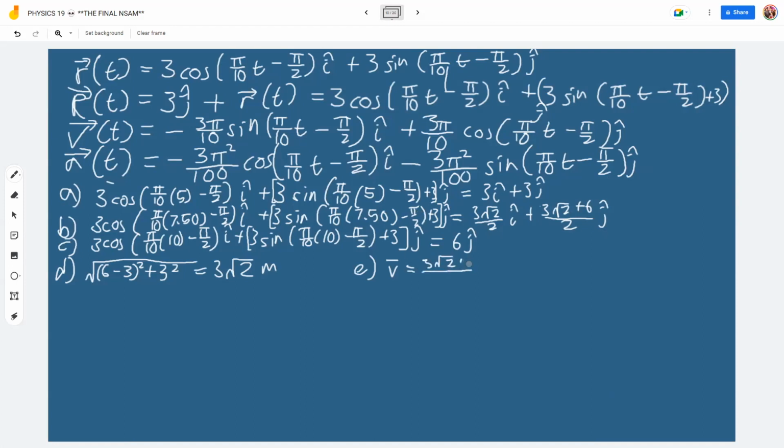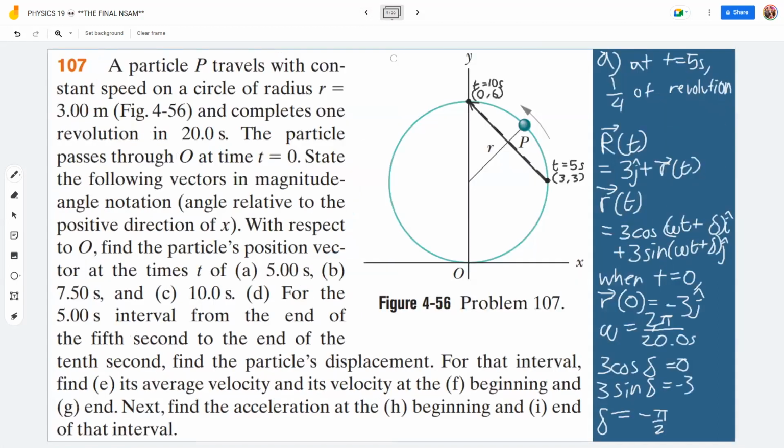Wait, yung sa letter D, vector yan. Di ba? Displacement is a vector. So you should give the components in vectors of the vector from t equals 5 to t equals 10.